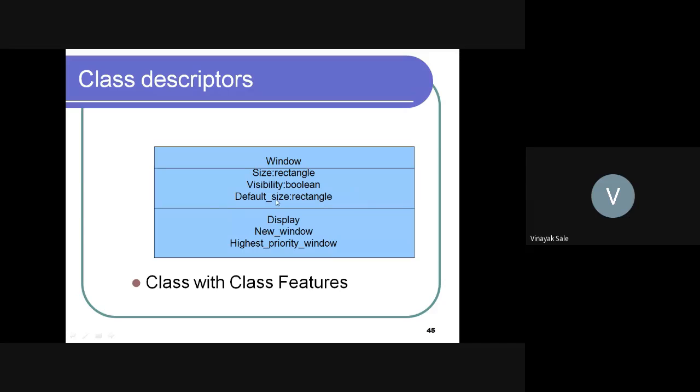The default size is a rectangle. Then it has operations like display, new window, hide, and priority window. These are operations regarding the window. Using these, we can create new objects, or we can store basic information related with objects, such as its attributes.